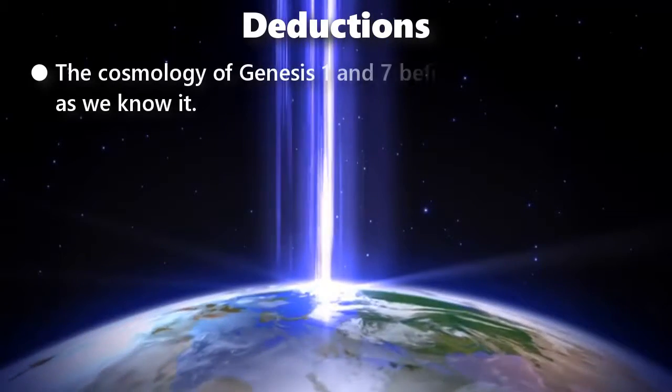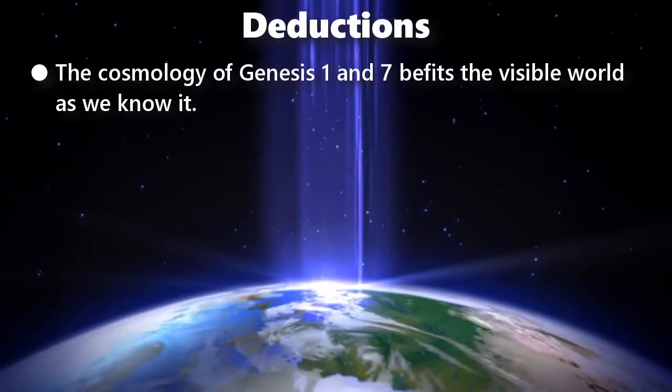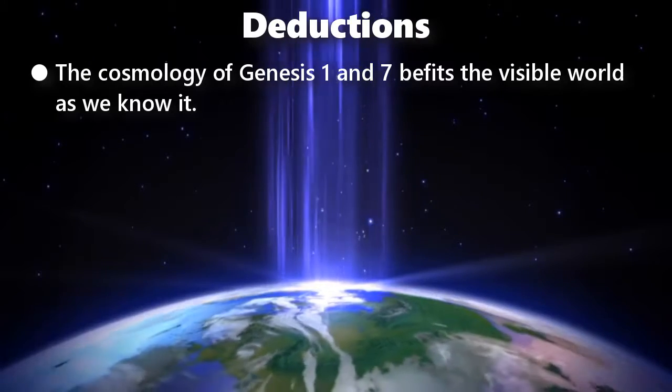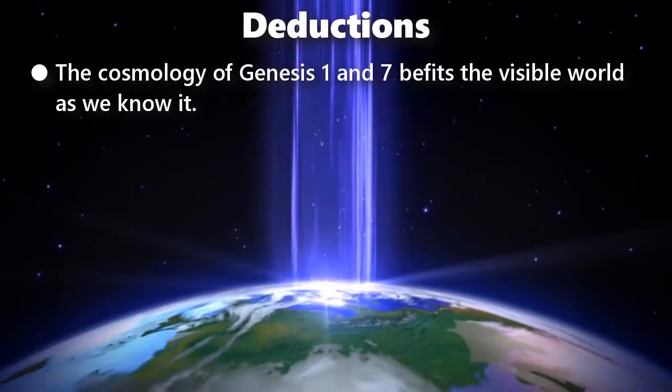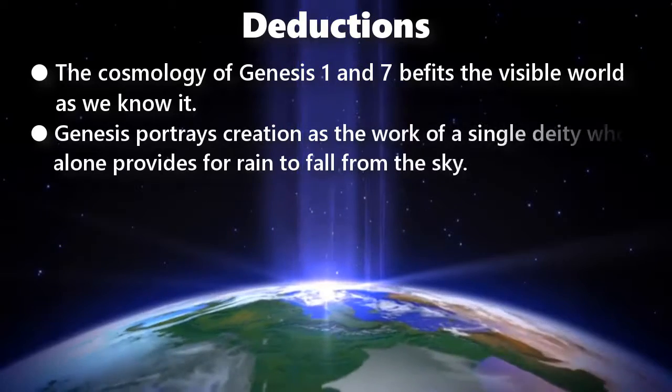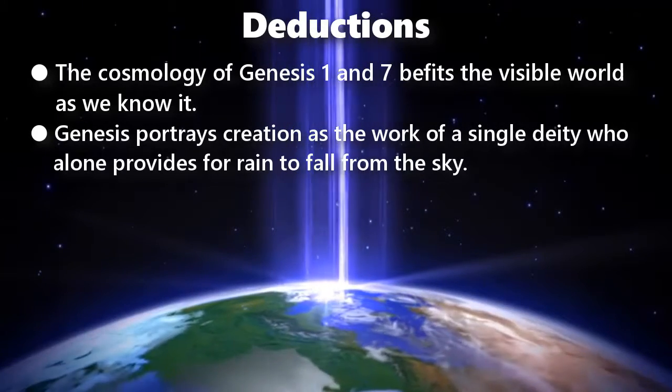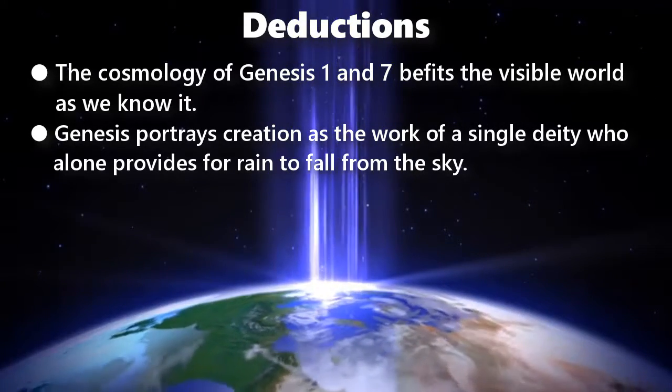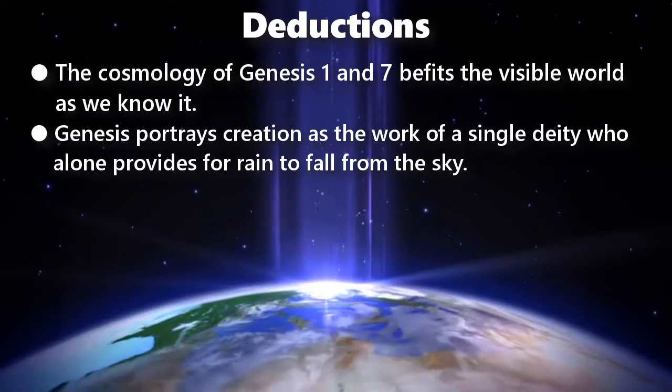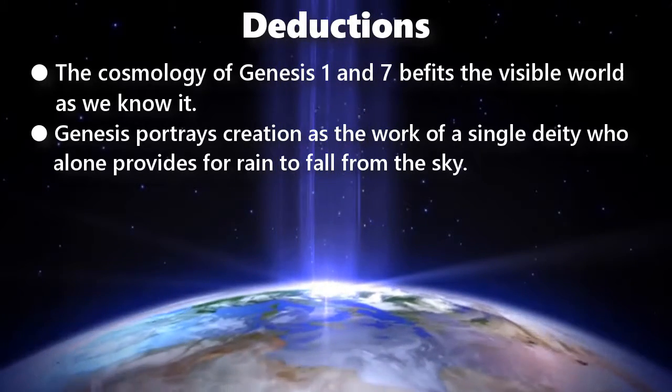The cosmology of Genesis 1 and 7 befits the visible world as we know it. Genesis portrays the creation as the work of a single deity who alone provides for rain to fall from the sky.